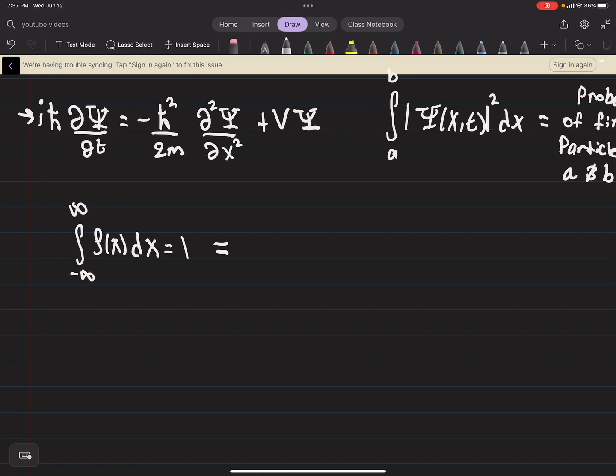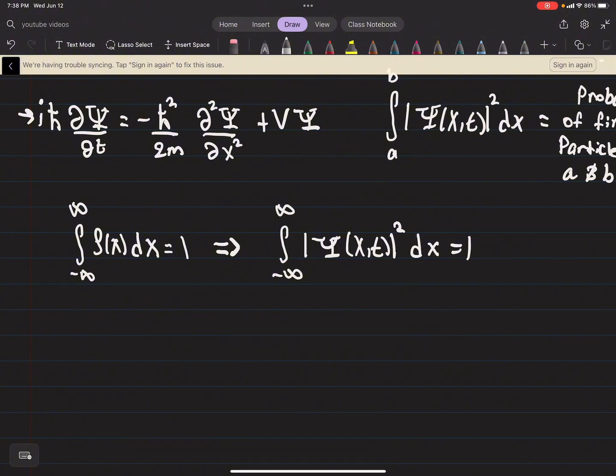And in an analogous sense, we can get the integral from negative infinity to positive infinity of our wave function squared dx equals 1. In other words, if you add up all the probabilities of where the particle could be, it's going to be 1. So if you went everywhere over all space, eventually the particle is going to be there, or at least somewhere. The particle being somewhere is what this is essentially saying.